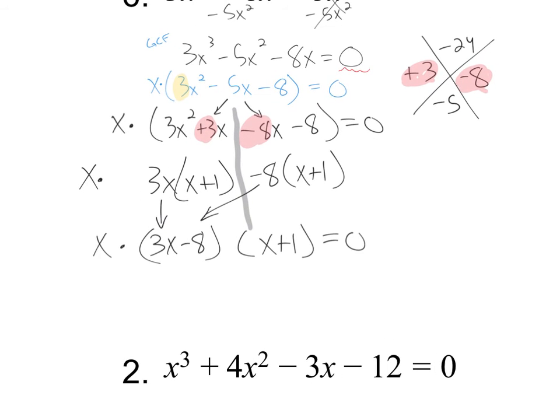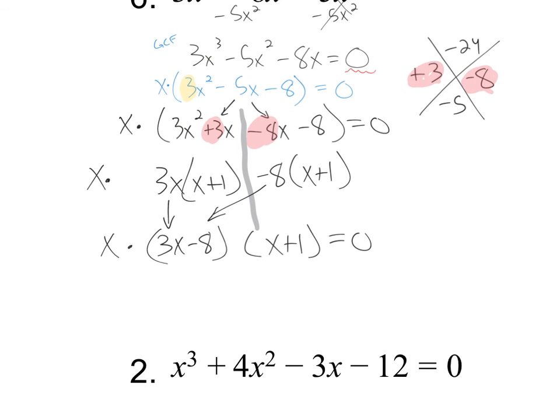Then we were left with a trinomial where a did not equal 1. So we did our x method, took the factors, split the middle term, and then since we had 4 terms in the set of parentheses, we factored by grouping, right? Looking at the first 2 terms, taking out the greatest common factor, looking at the last 2 terms, taking out the greatest common factor, combining those greatest common factors, and also using the expression that was left.